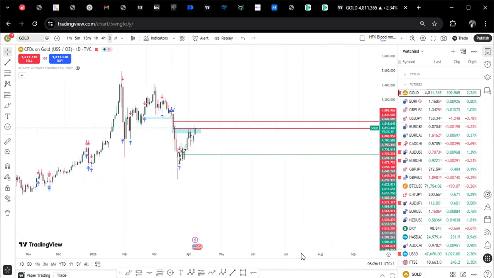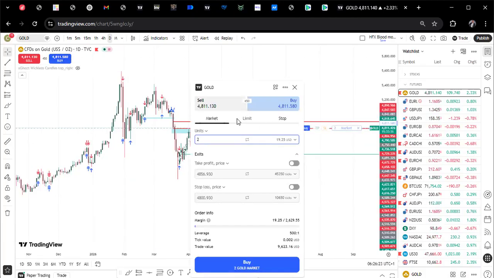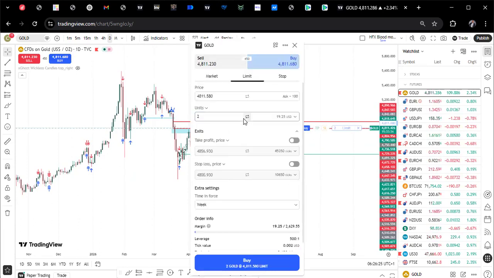You want to place a limit order. Let's say you want to go for a limit order, a sell limit perhaps. You tap on the sell. You can see the modalities here.